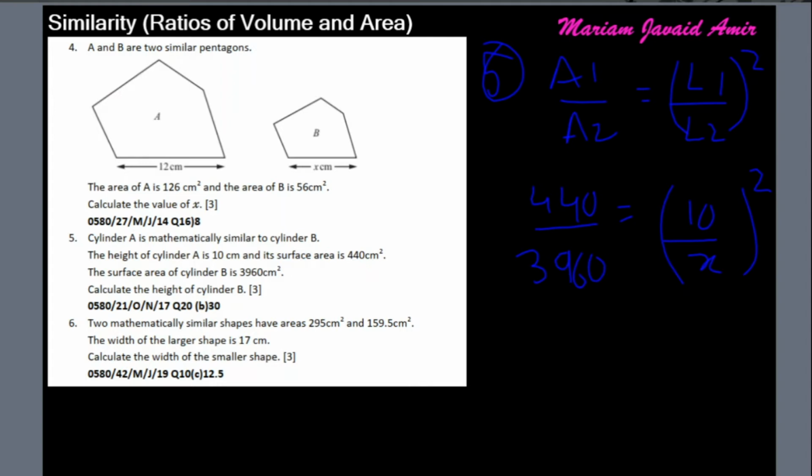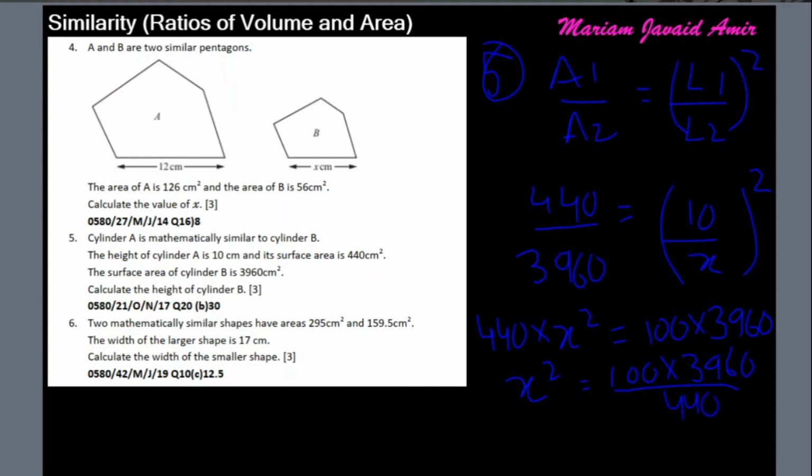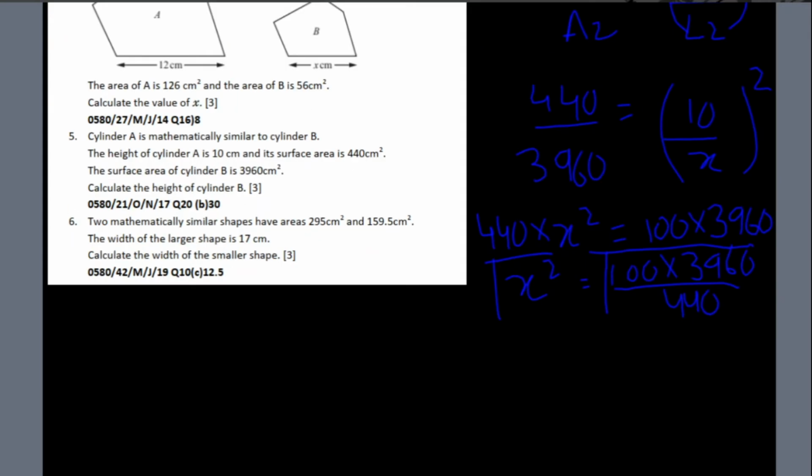So cross multiply again, 440 times x square equals 10 square is 100 times 3960. Next make x square the subject, so 100 times 3960 over 440. Now take under root on both sides to get rid of the square on top of x.